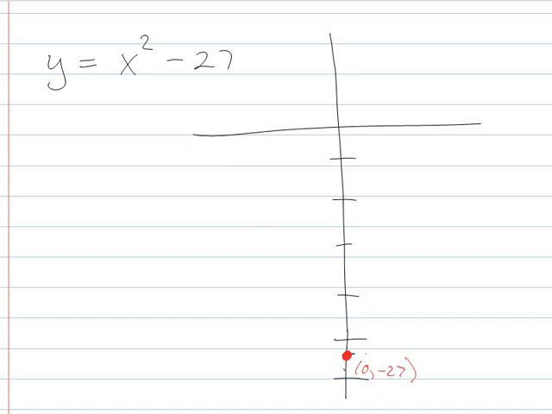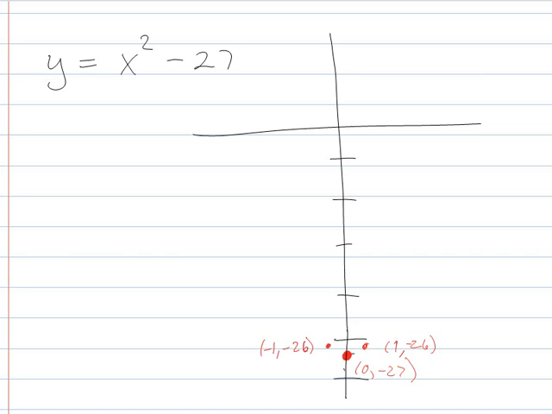The next one is going to be over 1, up 1: (1, -26), and (-1, -26).